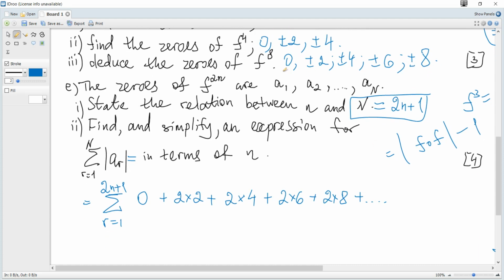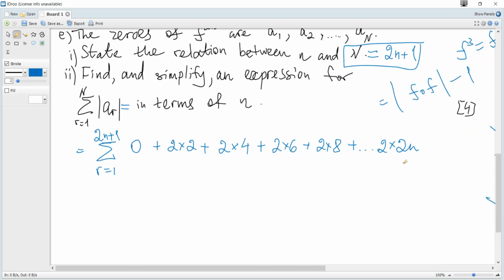And we can see the relation: since it is 8, the last one will be 2n, and also since there is plus minus, it will be 2 multiplied by, and we can factor out 2 and not take into account 0, so this sum becomes 2 times.